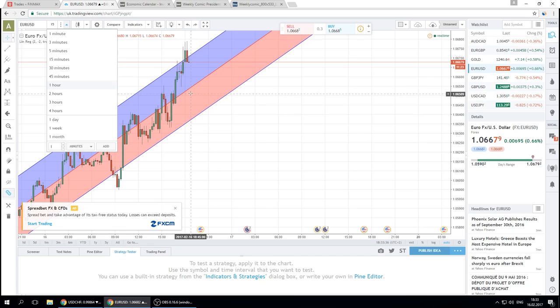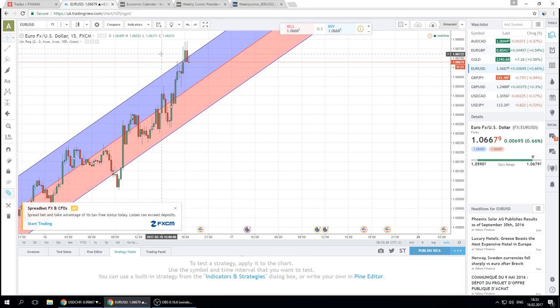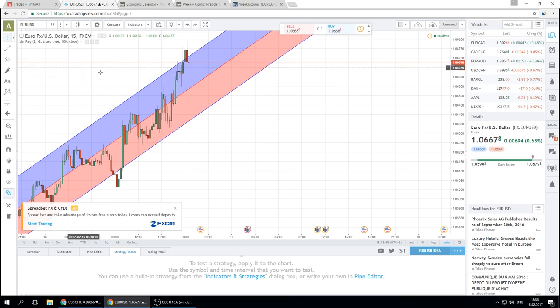So what we're going to do today is trade on our currency pairs and stocks using the linear regression indicator and using the trend line as the general guide. So right now we see that Euro is on its highs.